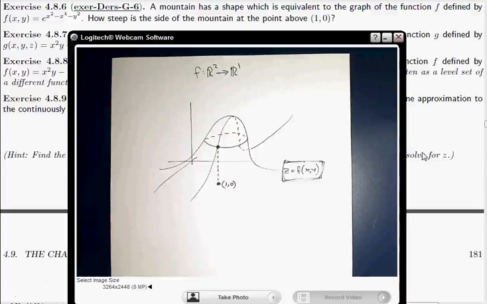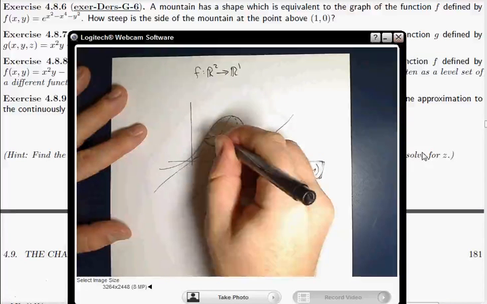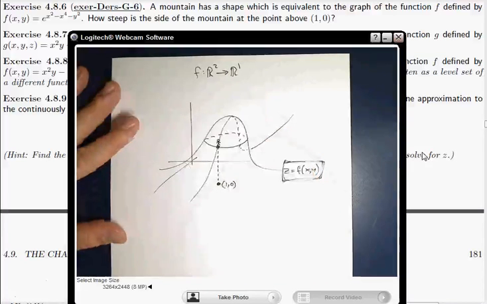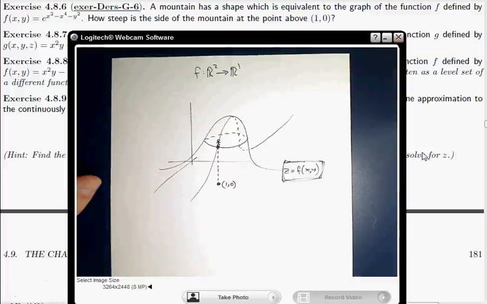So the problem says, how steep is the side of the mountain? If you're standing here, there's you, standing on the side of the mountain. You know what steep means, right? How angled is it? But in which direction?